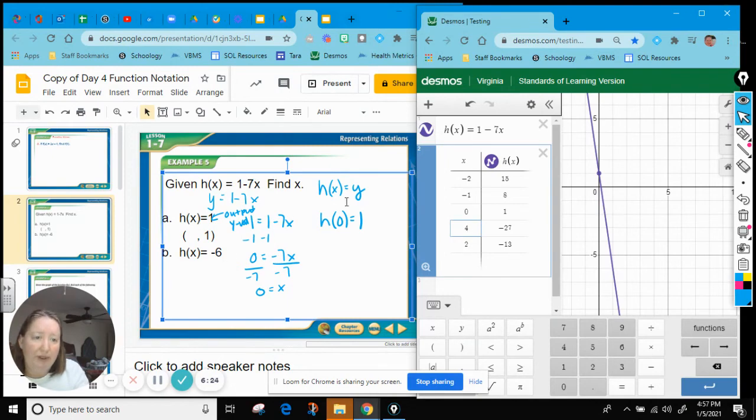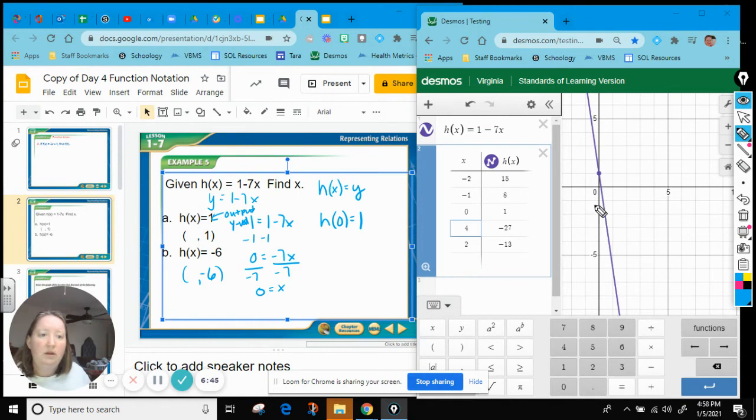But we could come over here to the line. So we've got this typed in, and in this part B, it's giving us the information that we are looking for an ordered pair with a -6 as a y value. And we don't know what the x is. We want to know what it is.